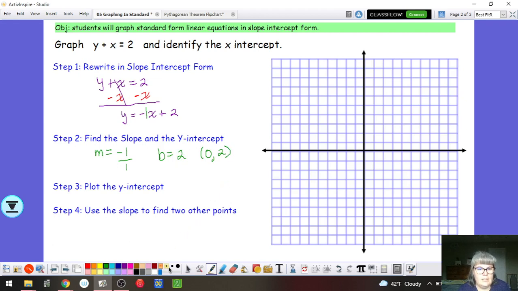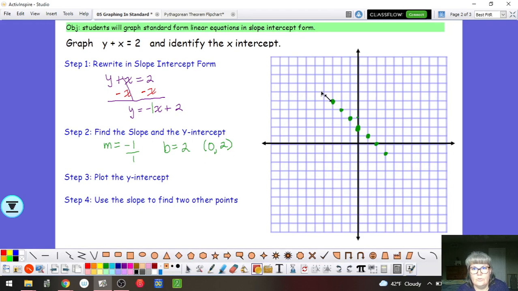And we can then graph it. So at 0, 2, we have our y-intercept, and we have a negative slope again, down 1, right 1. Or if you did go up 1, you need to make sure you go left 1 so that you're moving in one negative direction as you plot your points.